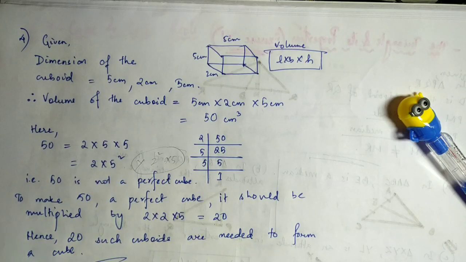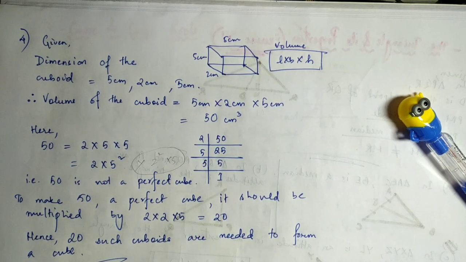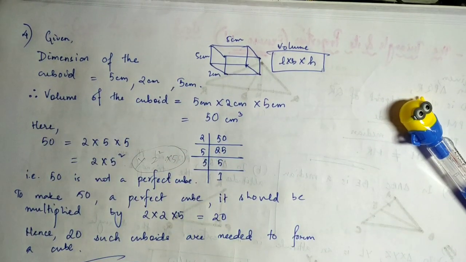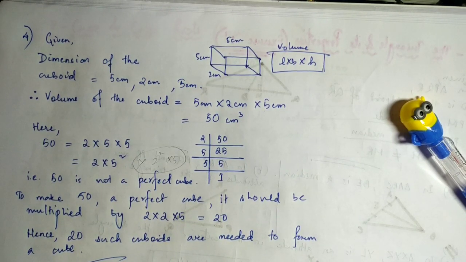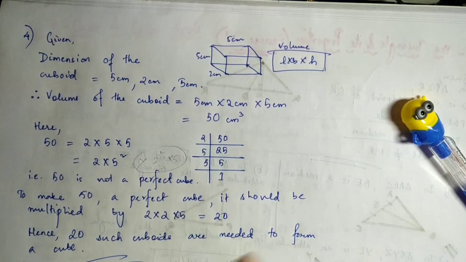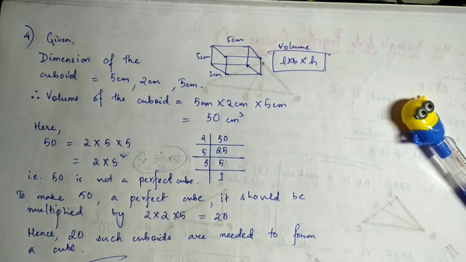Suppose the number is already a perfect cube, then this cuboid dimension can form a cube. Obviously that type of sum might not come, so you have to do it by this method. So this is the last sum of the exercise.